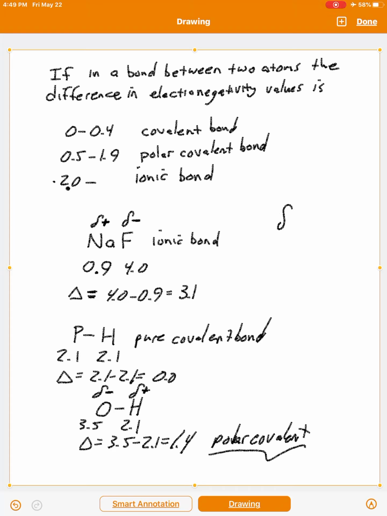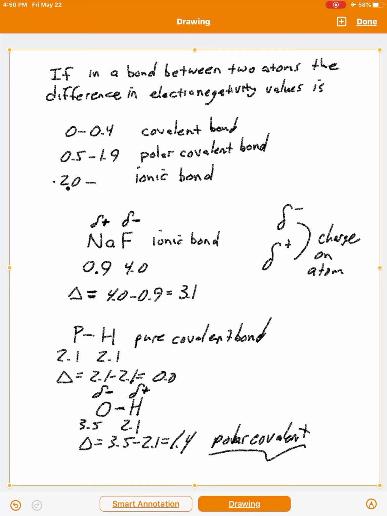So delta plus, or delta minus I should say, and delta plus, these are ways of representing the charge on the atom. Okay? So what's happening is the OH bonding, the bonding that takes place in OH is such that the unequal sharing means there's more electron density on the oxygen.